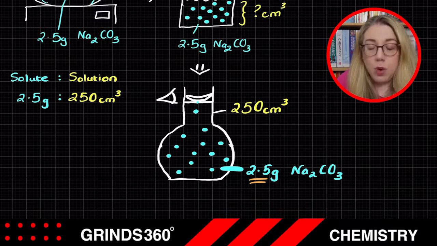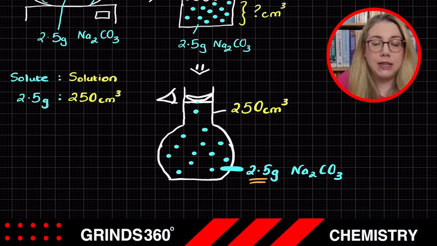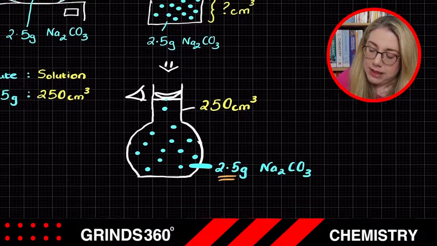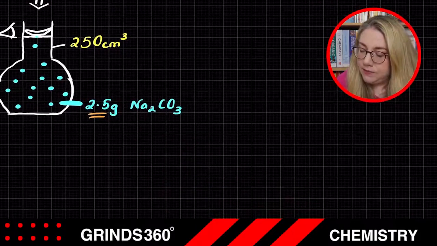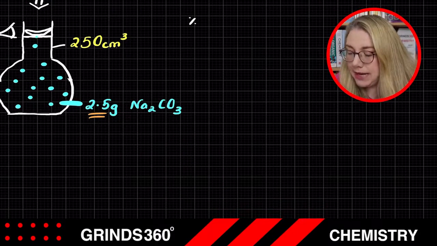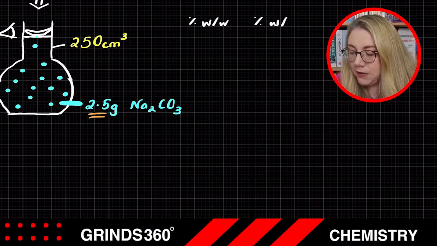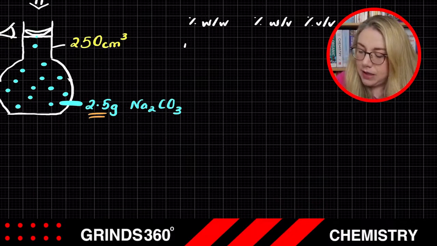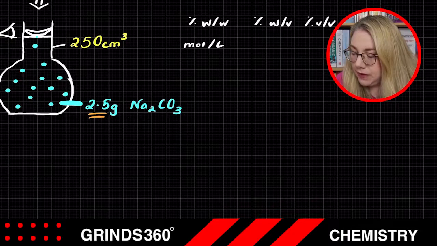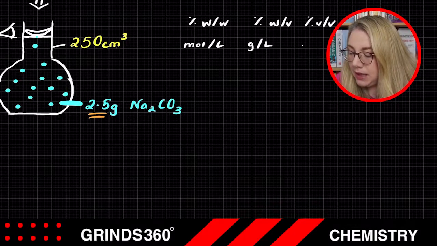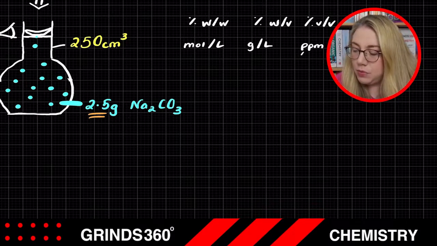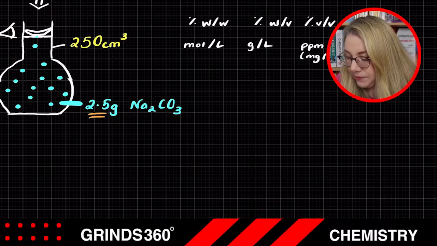Now, why a lot of people won't like that is you're used to thinking of concentration in one of 6 units. So normally, when we're dealing with concentration, you're in the habit of thinking of it as percentage weight per weight, percentage weight per volume, percentage volume per volume, moles per litre, grams per litre, and parts per million, which is milligrams per litre.